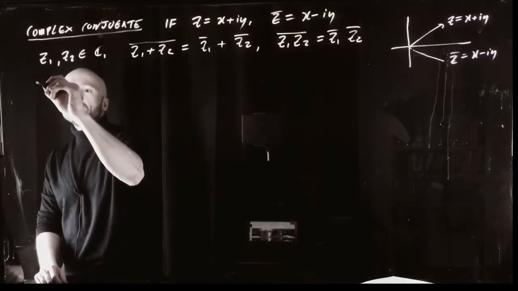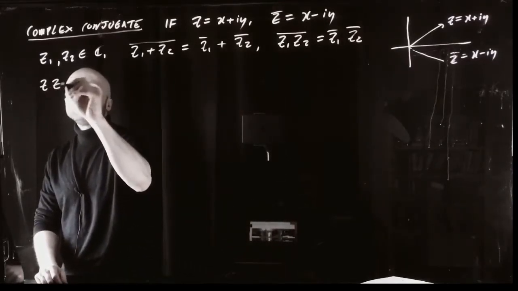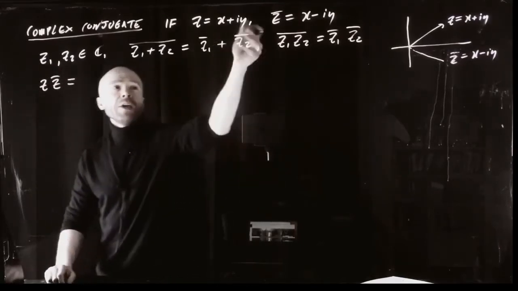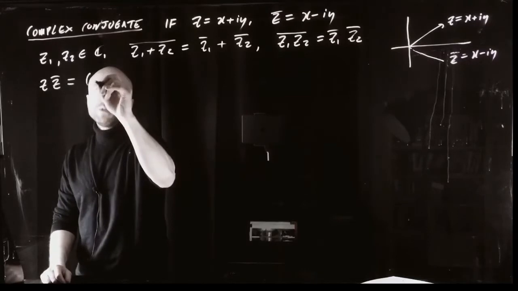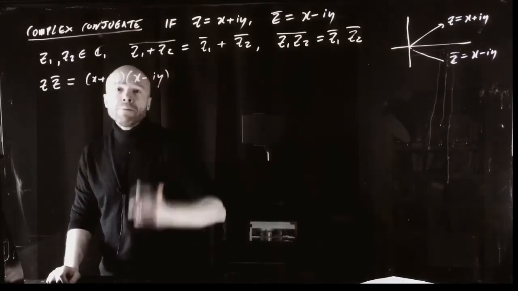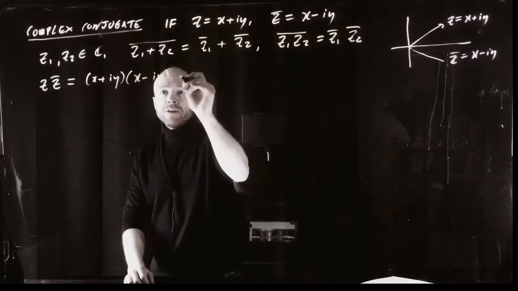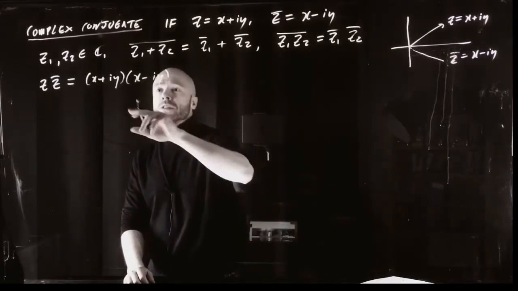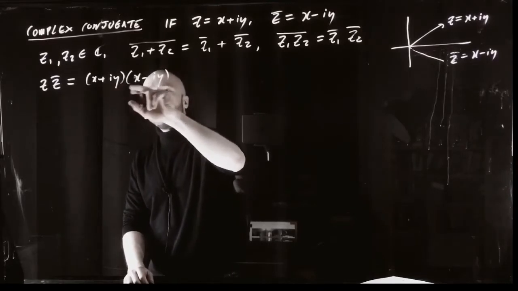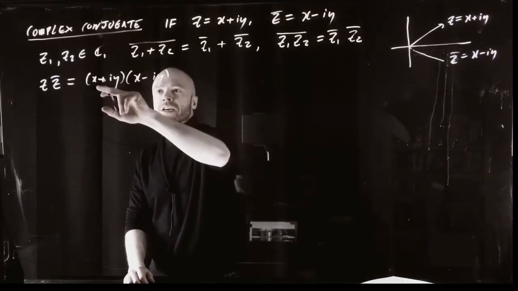All right, another cool thing. If we take z and we multiply with its complex conjugate, so we're going to take z to be x plus iy. Let's see what happens. We have x plus iy times x minus iy. When we multiply this through, the i's will just cancel each other because we're going to have an iy times x and a minus iy times x.